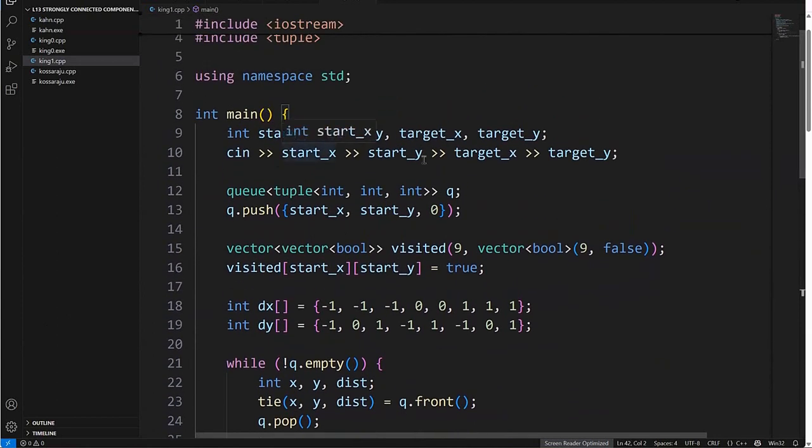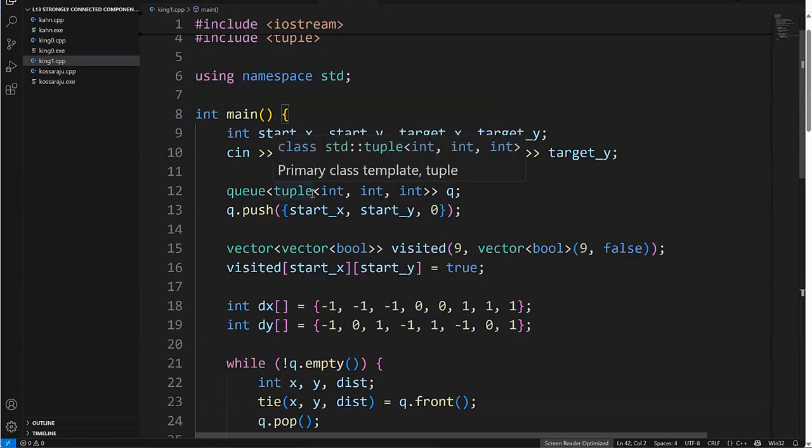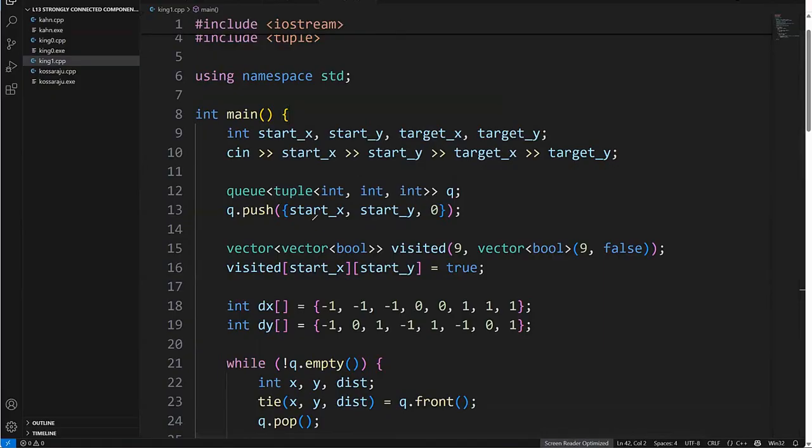So you read your source and destination, start and target. You're starting at XY and you're targeting XY. Then you have the queue of tuples, and you push into the queue, saving your steps.